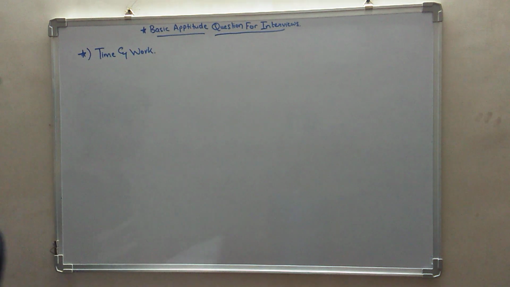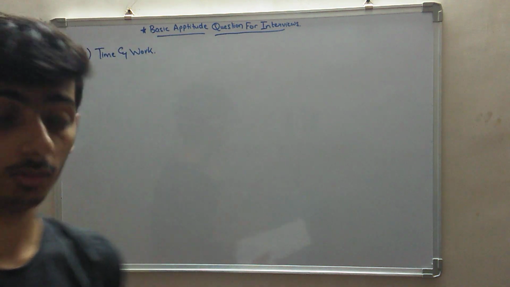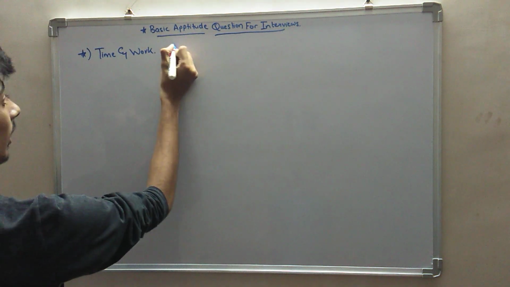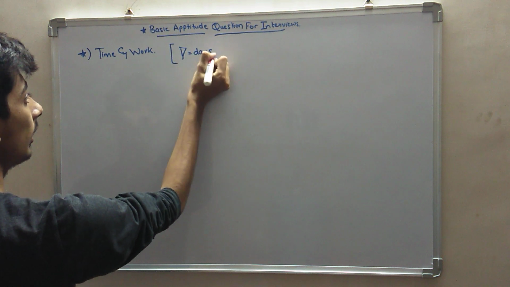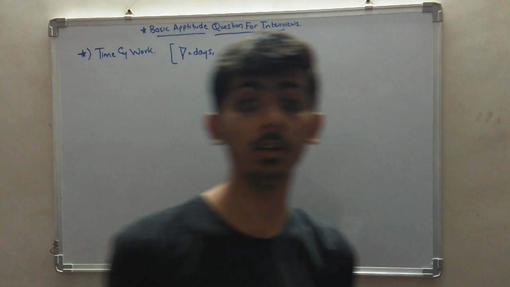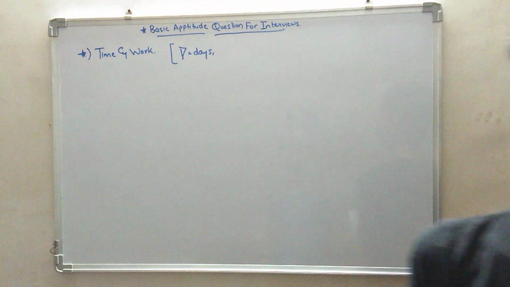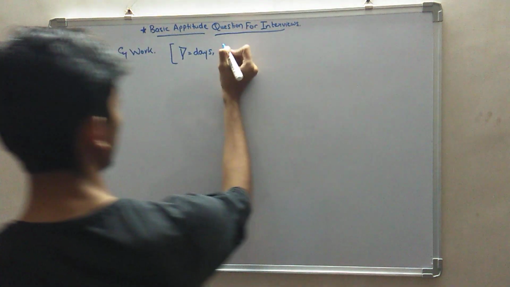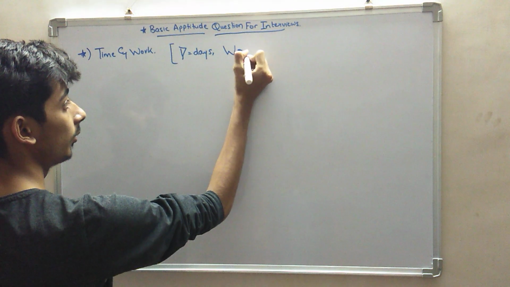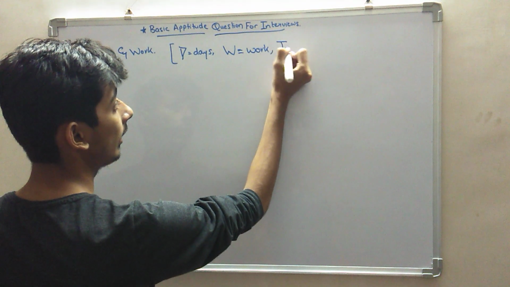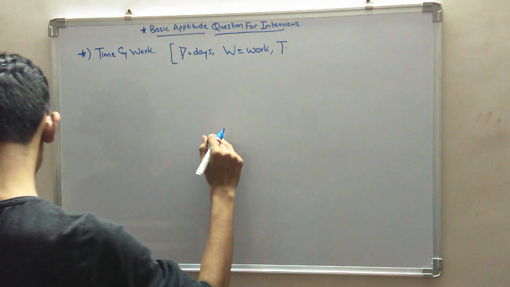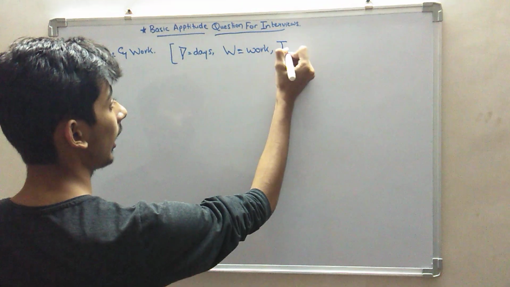So basically in time and work there are three main things given. One is D, which is the number of days required, or the number of days to be found, to complete a work. Second is W, the work to be completed, and T, time.